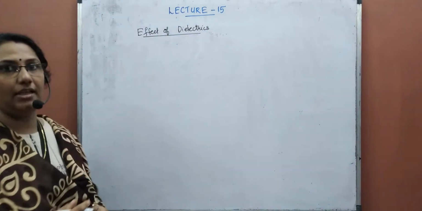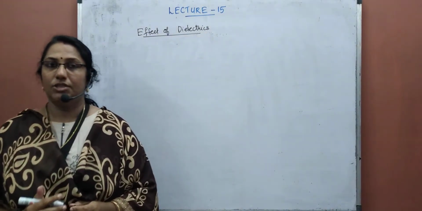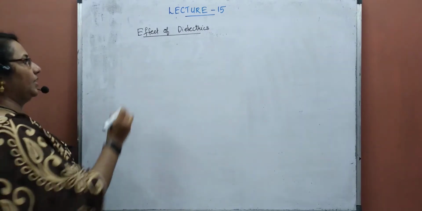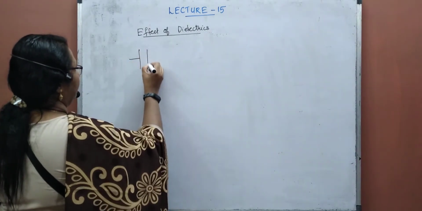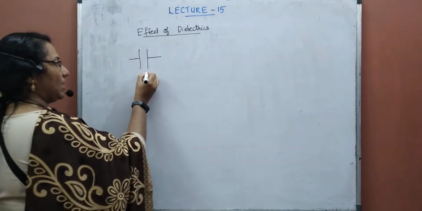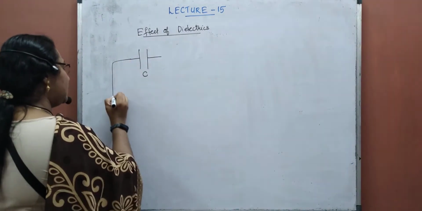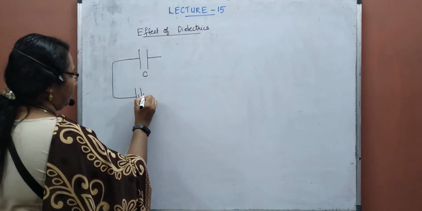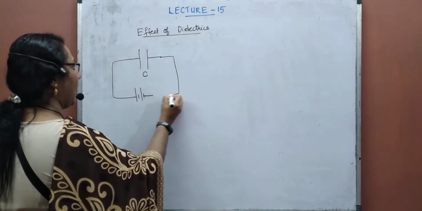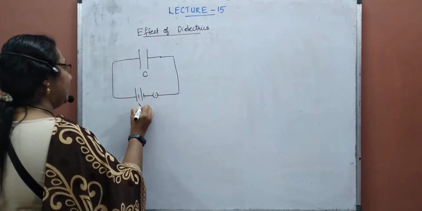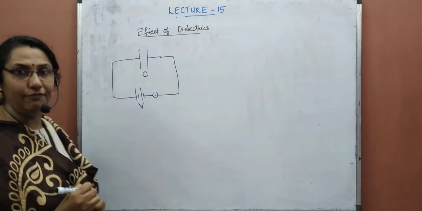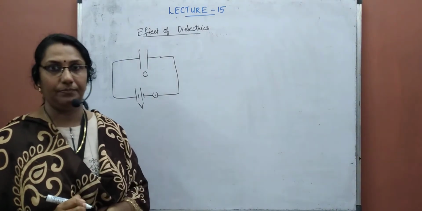So, suppose there is a capacitor. Its capacitance is C. Suppose the capacitor is connected to a battery and is charged. The battery provides a potential difference of V volt.